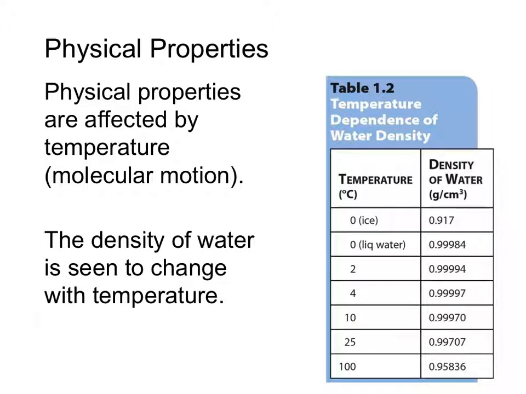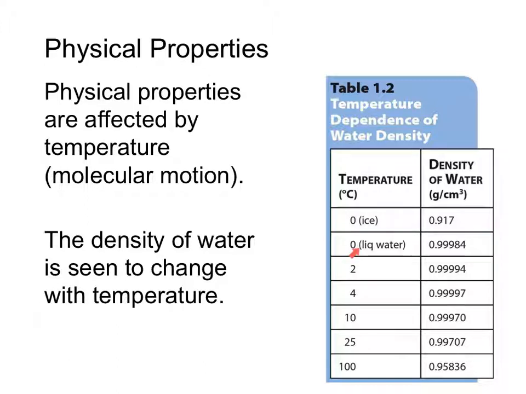Physical properties are affected by the temperature. Remember that temperature is just a measure of the molecular motion. As we can see here, for instance, the density of water changes at different temperatures. At a temperature of 0 degrees C, we have a density of 0.917.